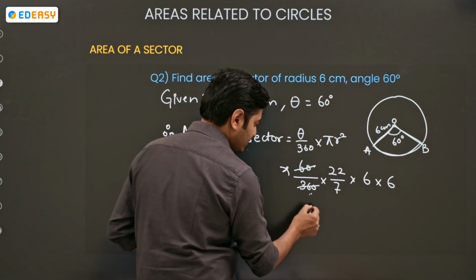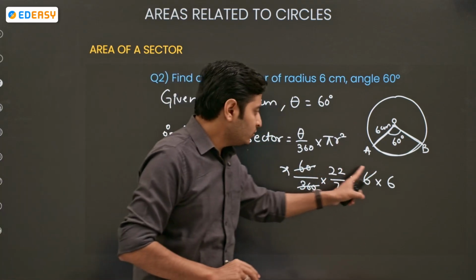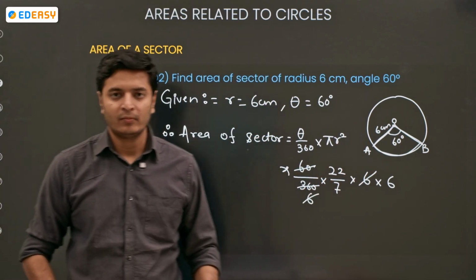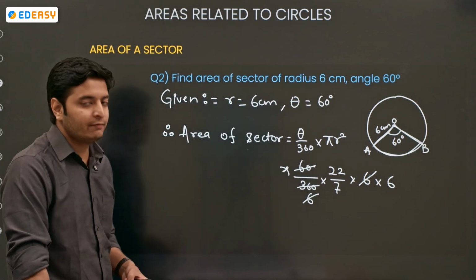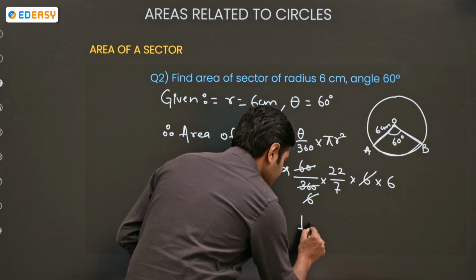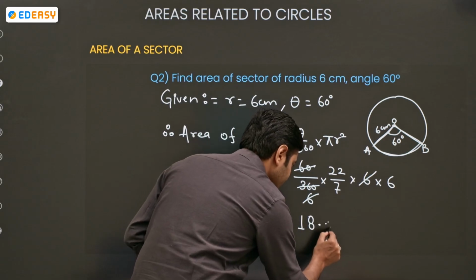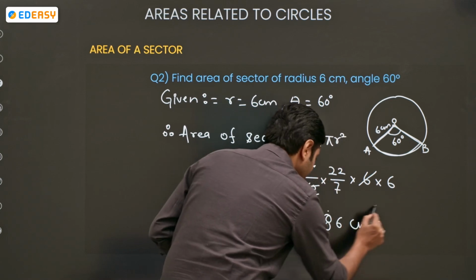Now, this is divisible by 6, 1 6 and 1 6. We can cancel them. 22 into 6 is going to give me 132. 132 divided by 7 will be somewhere around 18.86. So the answer is 18.86 centimeter square.